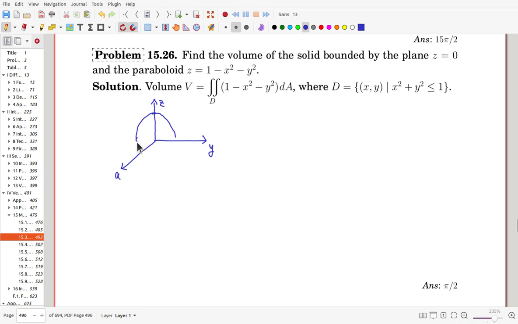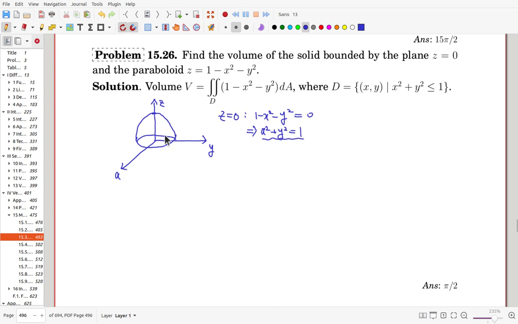And then on the bottom, it has this shape. When z equals 0, then 1 minus x squared minus y squared must be 0. That means here x squared plus y squared equals 1.